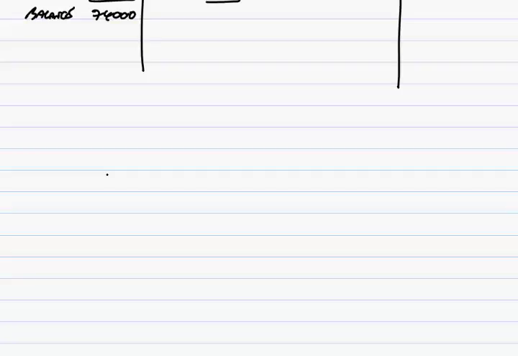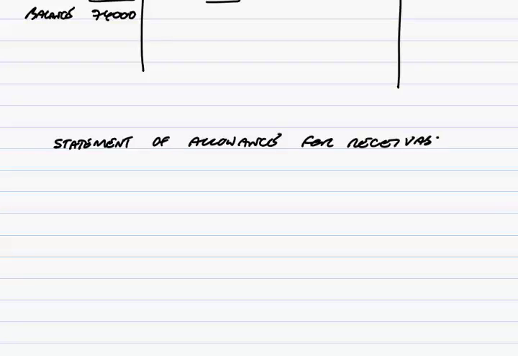So, before we complete the double entry, always do a bit of arithmetic, a little statement of the allowance that we need. And remember from example 1, there are two types of allowance. First of all, what we call a specific allowance. In that 74,000, are there any specific individual receivables which are doubtful?